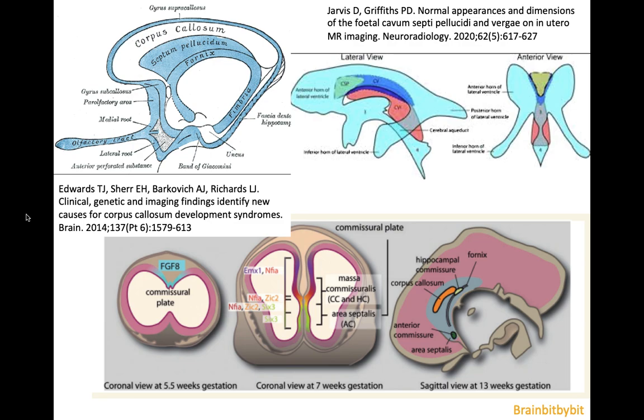So if you think of the septum pellucidum, that is in humans stretched between the frontal horns of the ventricles, you can distinguish an inferior part which is called the true septum or septum verum with the nuclei in it, and there's the very thin transparent part that's called the septum pellucidum.